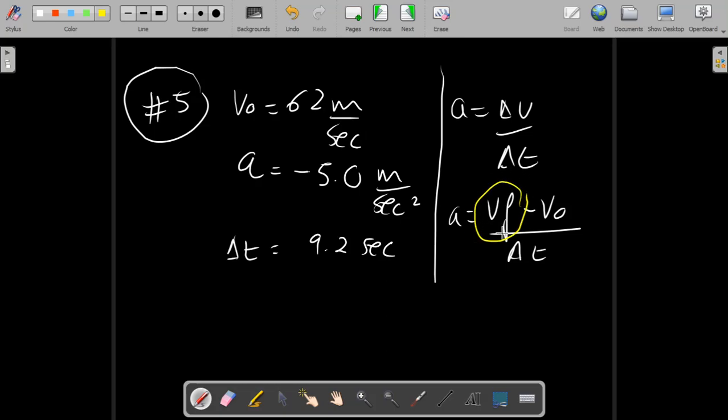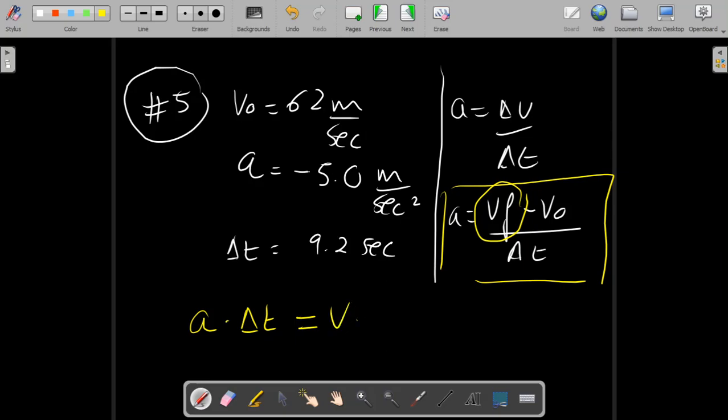We need to isolate this from the formula here. How do we do that? Well, this is multiplying, goes on the other side. This is dividing, goes on the other side, multiplying. So acceleration times the time equals velocity final minus velocity initial.